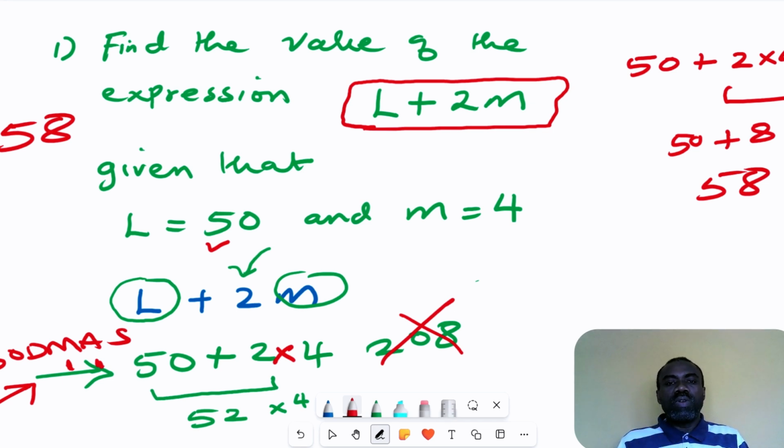We have looked at BODMAS because BODMAS becomes useful when you are doing algebra. And here, clearly, a student who has not paid attention to BODMAS will get an answer 208, and that will not be correct. A student who is applying the principles of number, where we looked at BODMAS, to solve this algebra question correctly will get 58 and will score the full mark. So that is what we need to do.